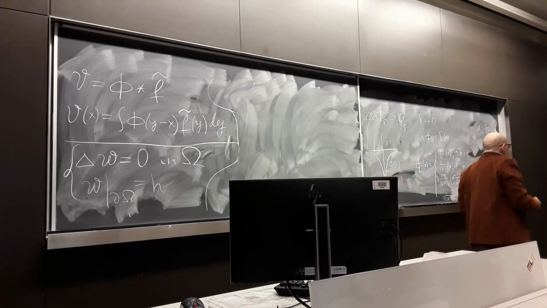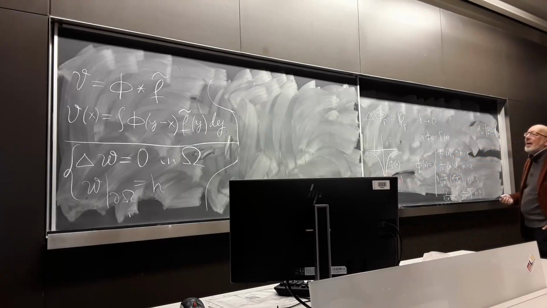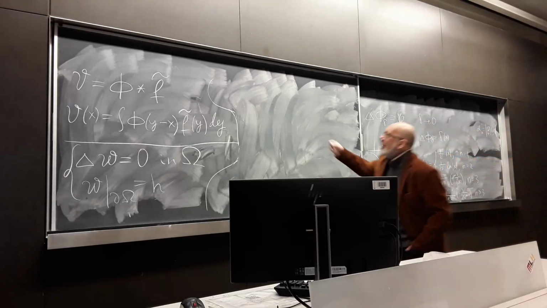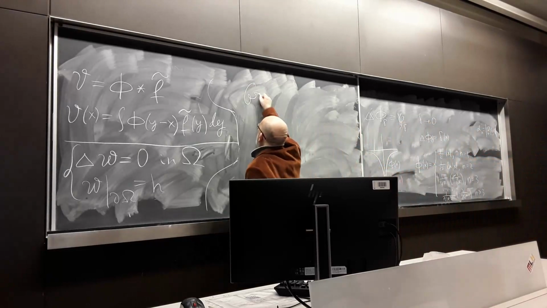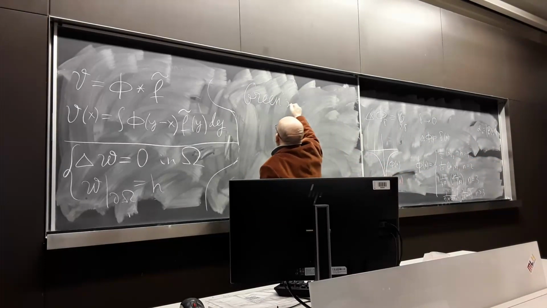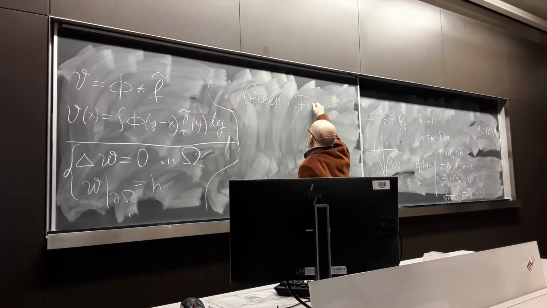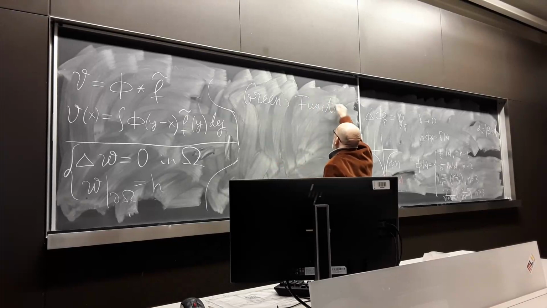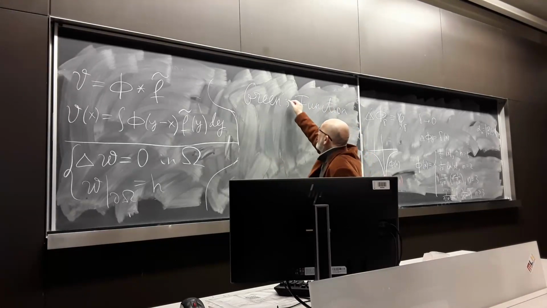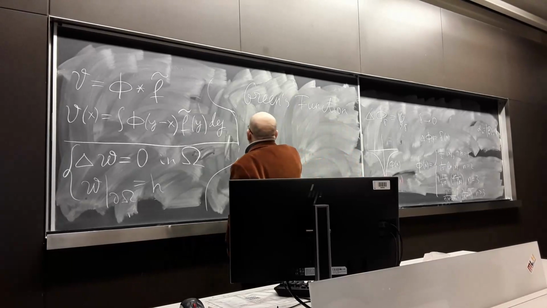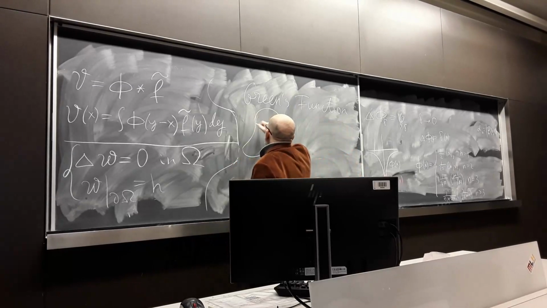Now we introduced the Green's function. So again, we have domain omega. We take a point x, and here we have a point y.